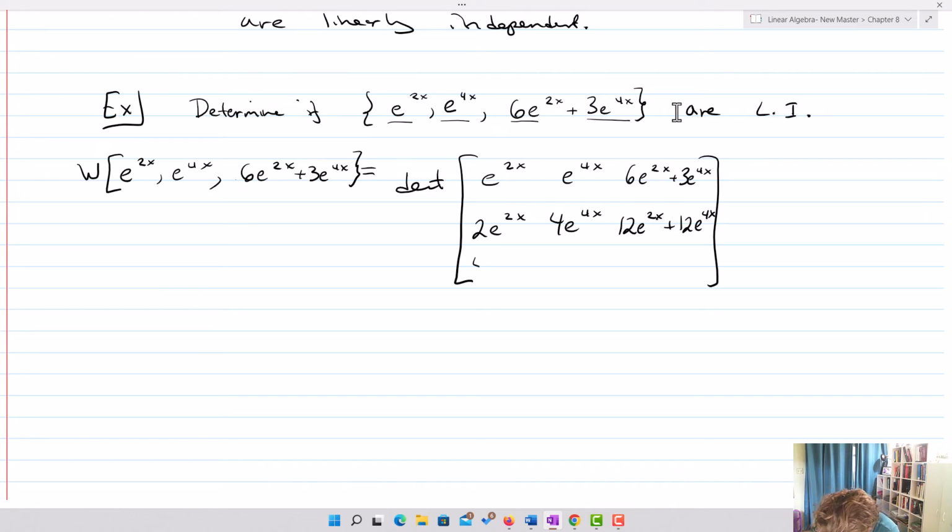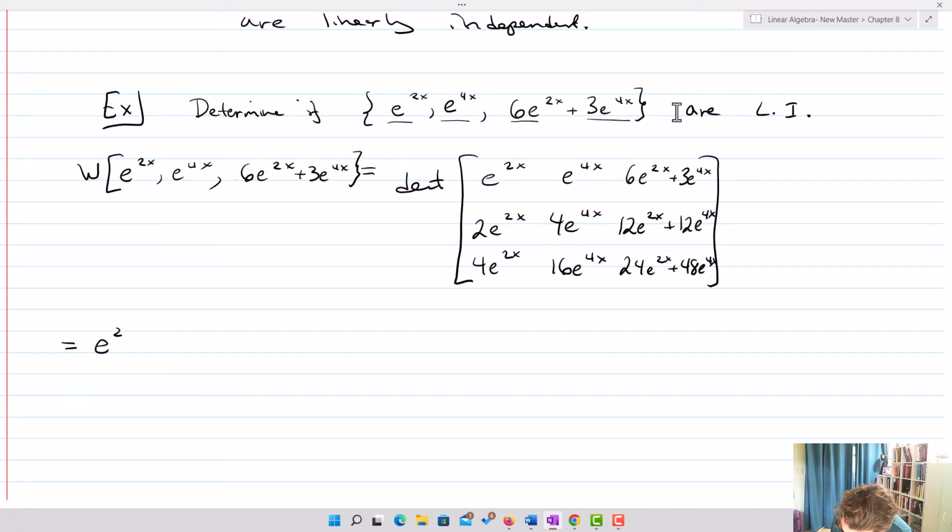And then we'll have 4e to the 2x, we'll have 16e to the 4x, and we'll have 24e to the 2x plus 48e to the 4x. We'll take that determinant now, and I'm going to write it down and then I'll go calculate it.